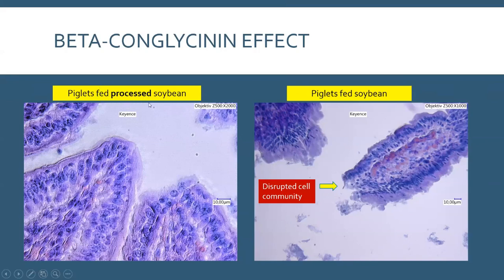The difference with the processed soybean, later I will show what we mean by processed soybean. With the processed soybean, the anti-nutritional factors were removed, particularly the galacto-oligosaccharides, the beta-conglycinin, and the trypsin inhibitor were reduced to a safe level in such a way that it will not cause destruction of intestinal lining.